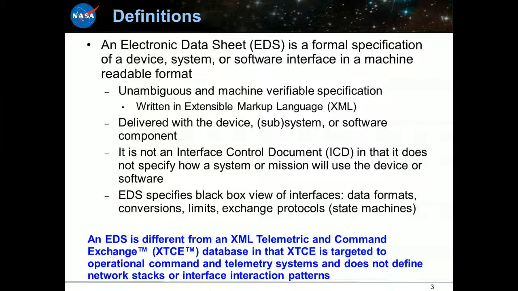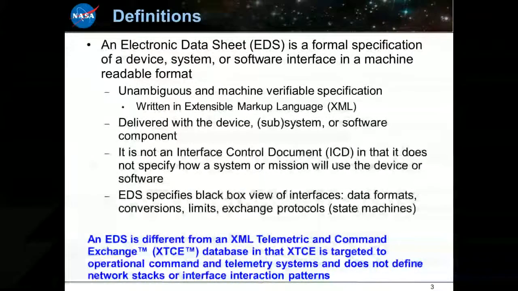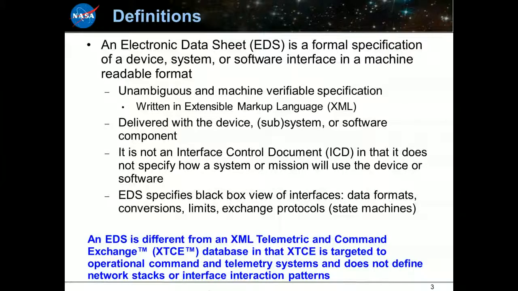It has additional parameters and language to allow you to specify formatting information, which EDS also has, but also how the ground handles things, like mnemonics. The onboard systems don't care about mnemonics. They care about the names and what the data values are. They don't care that you called this thing some specific name. So these are some of the differences. EDS has the interaction patterns and network stack information, which XTCE does not have.